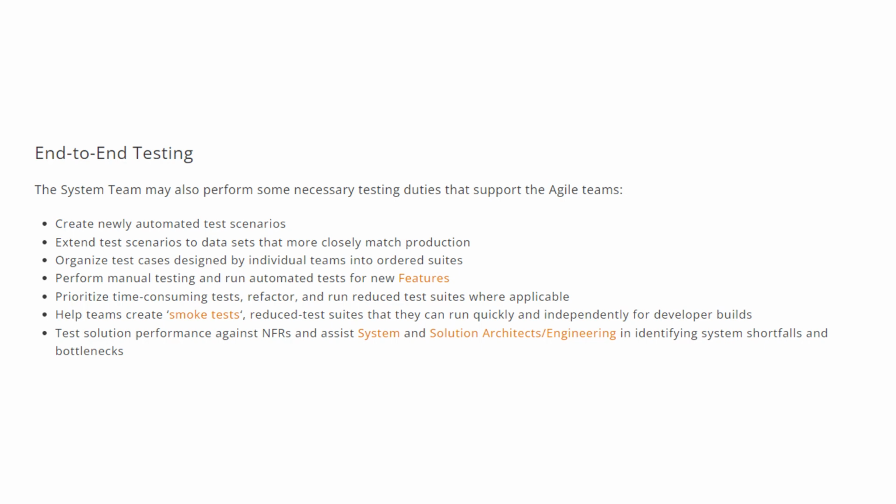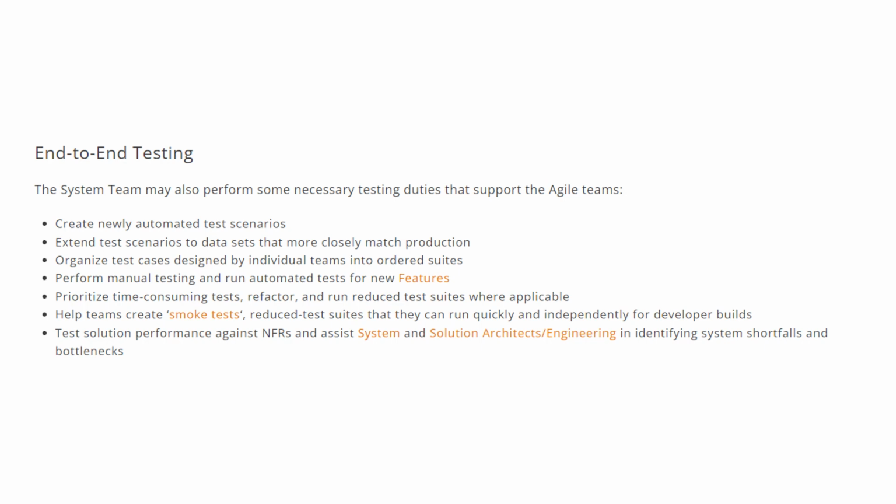The third aspect of responsibility is end-to-end testing, right? They create new automated test scenarios. They extend test scenarios to data sets that more closely match production, and organize the test cases designed by the individual teams into ordered suites.